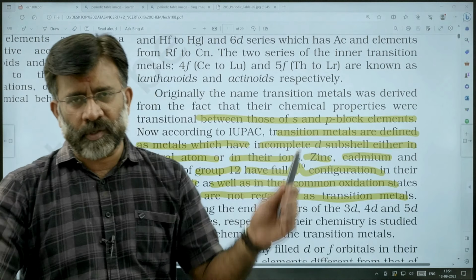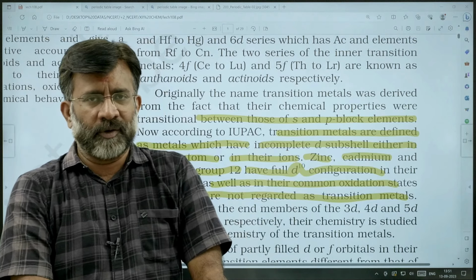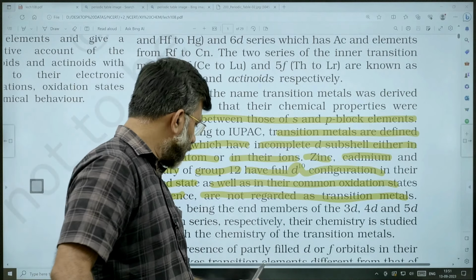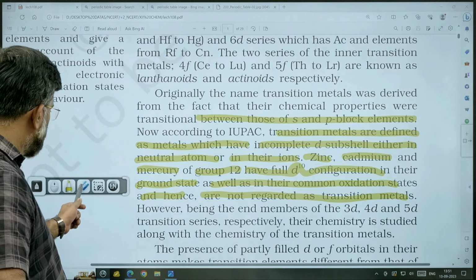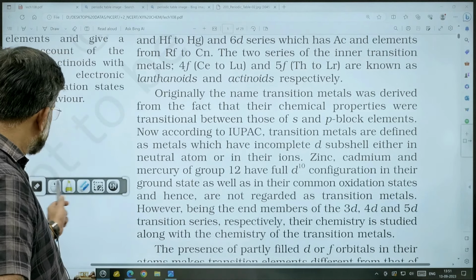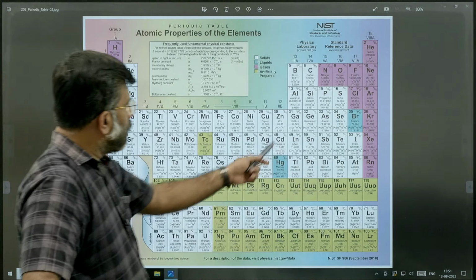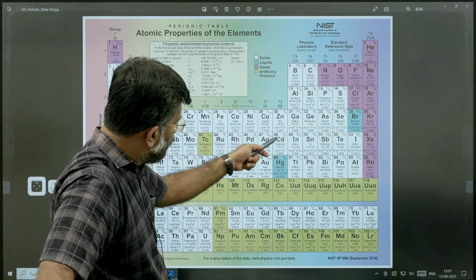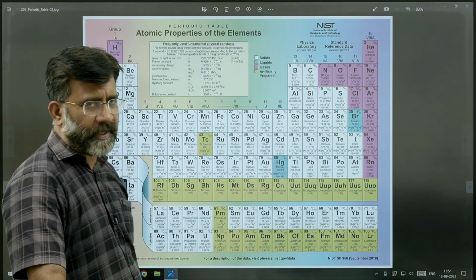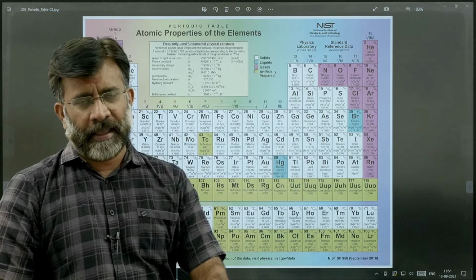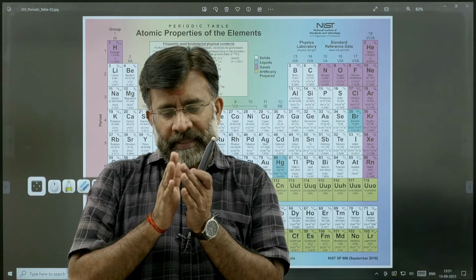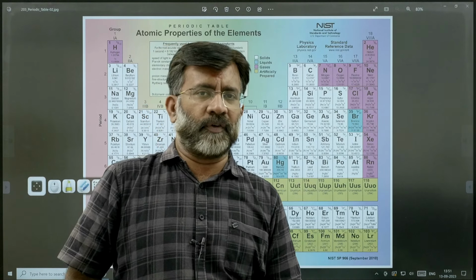They have 3d10, 4d10, 5d10 configuration in the elementary state as well as in their compounds. So they are actually out of the definition of transition elements.